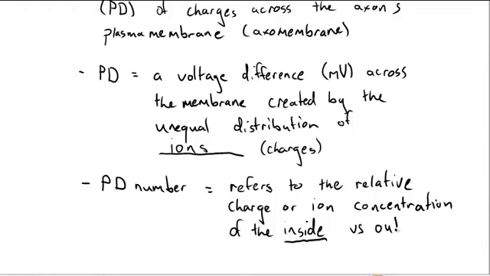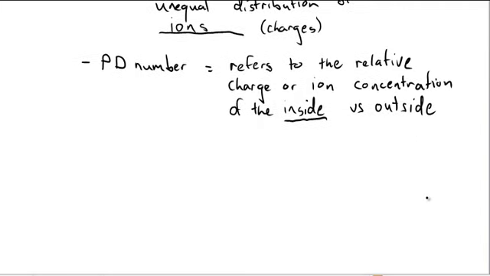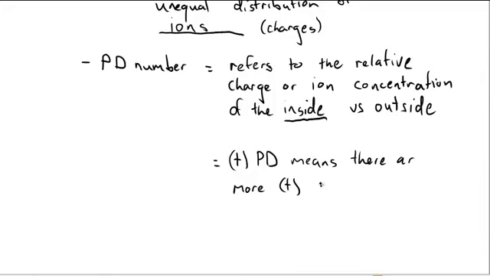So it's always talking about inside versus outside. Okay. So if you have a positive potential difference, what this means is there are more positive ions inside the neuron, the axon portion of the neuron, than outside.